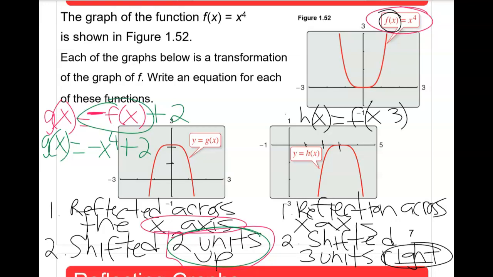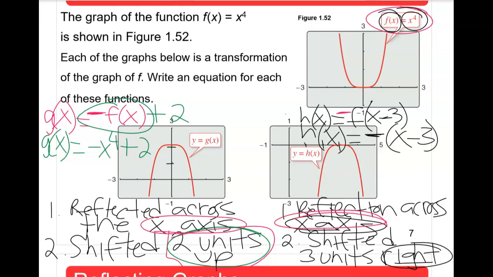Since it was to the right, remember, we need to think counterintuitively. So we will say minus 3 inside the parentheses, and then we are reflecting it across the x-axis, so all the y's turn to negative, meaning that we will put a negative here. So it will be the opposite. And so the equation for this graph will be the opposite of the parent function, which was negative, and then inside the parentheses, we will have x minus 3 and then to the power 4.